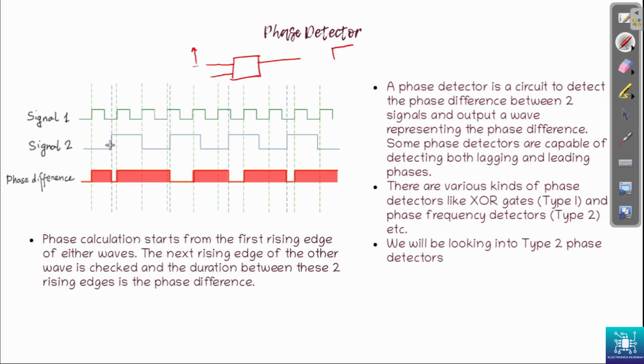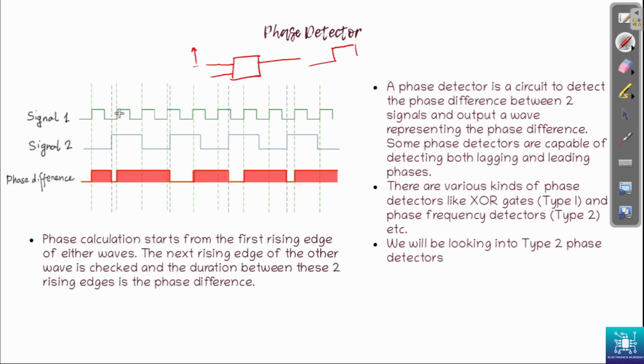That is, when the rising edge from the other signal comes up, the output goes back to 0. I hope I'm able to explain it. So the rising edge of the first signal takes the output up, and the rising edge of the next signal brings it back to 0. And the process repeats.